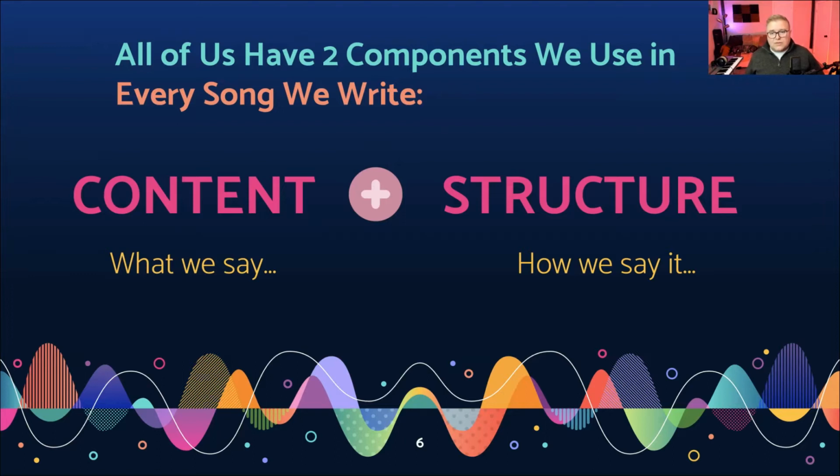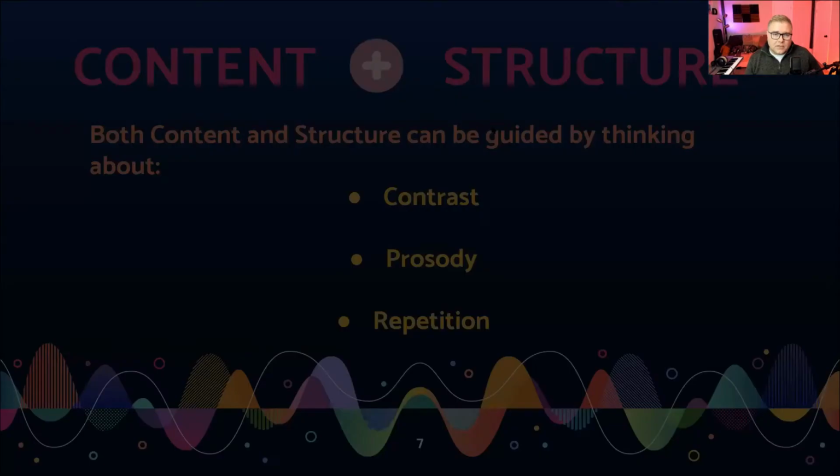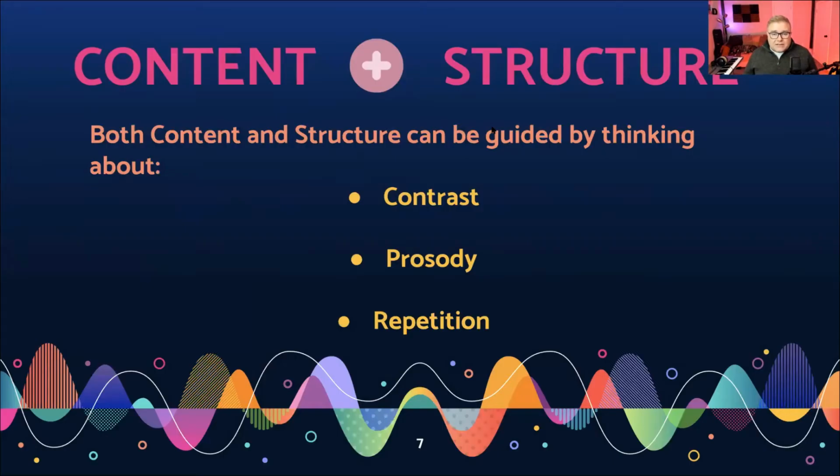Your structure could be thought of as the film score that's underneath what you are saying within your song. Both content and structure can be guided by thinking about contrast, prosody, and repetition as well. Those are your high-level tools when you think about the structure of your song.